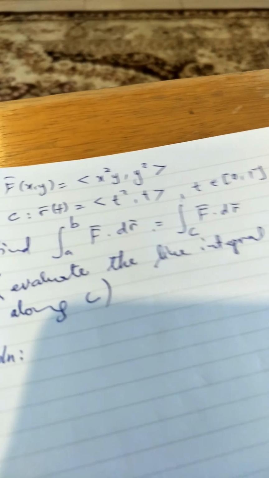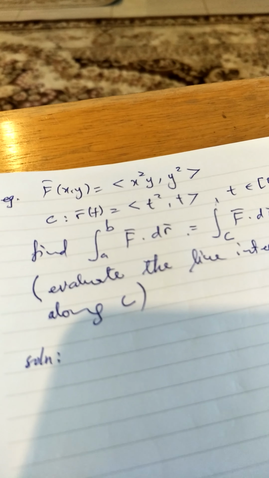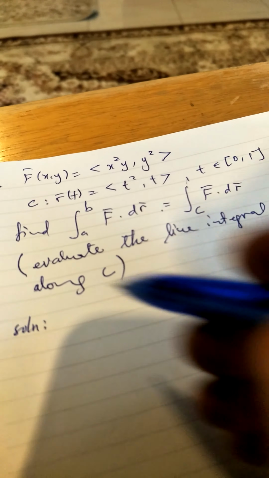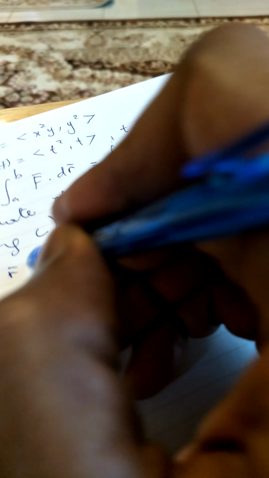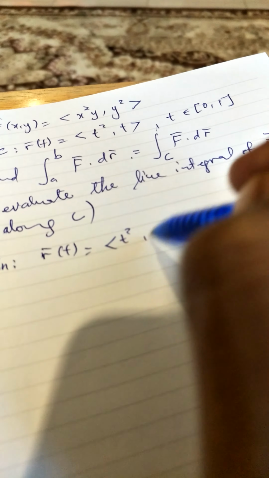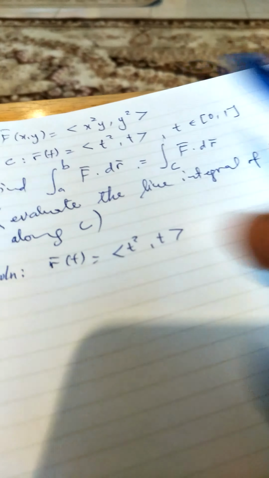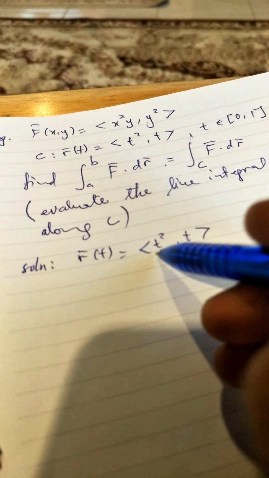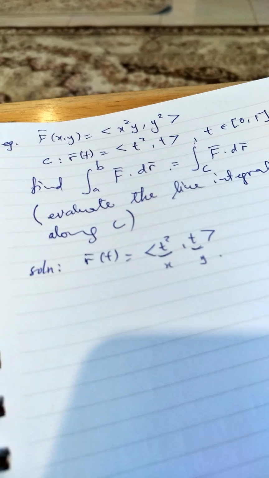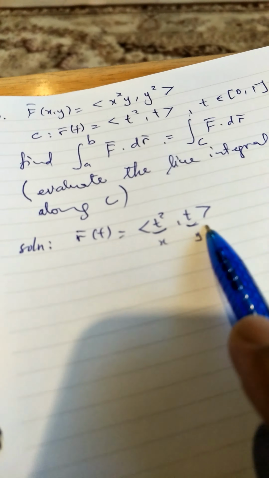Okay, see carefully. How do we do this? So our r, by definition, r(t) is given as t squared, t. This is from the question. This is component for x, this is component for y.